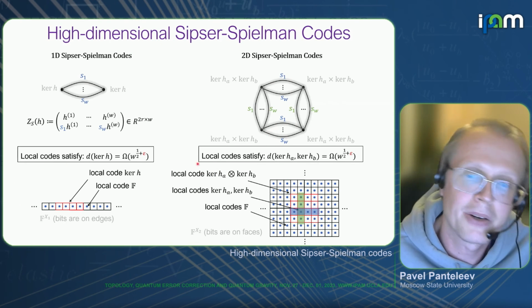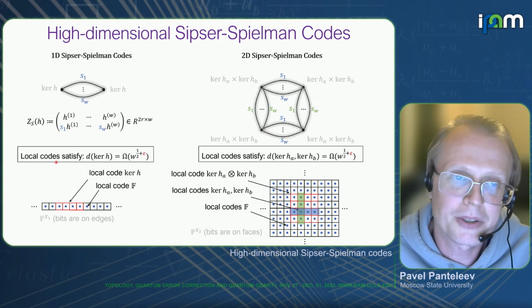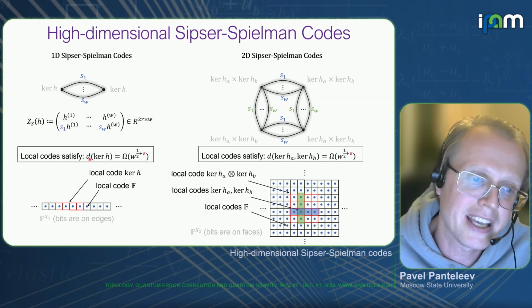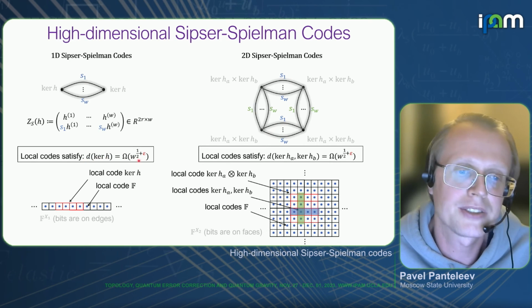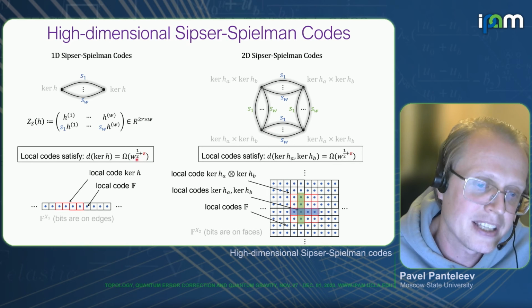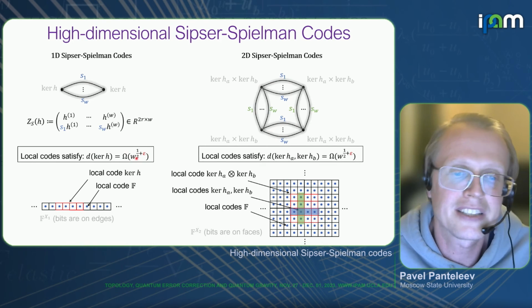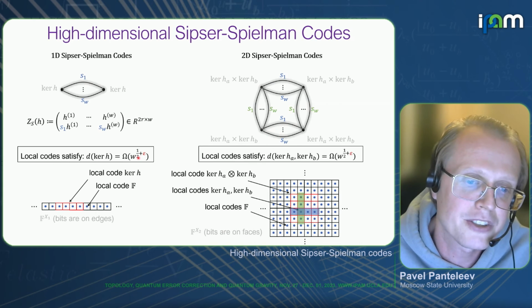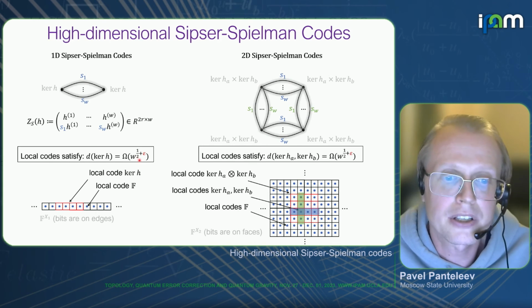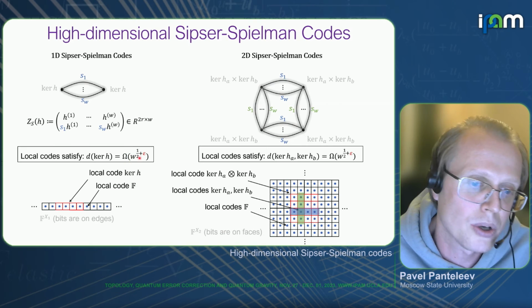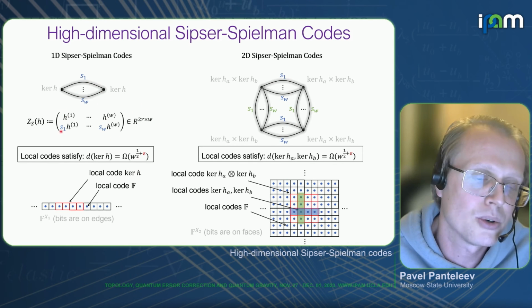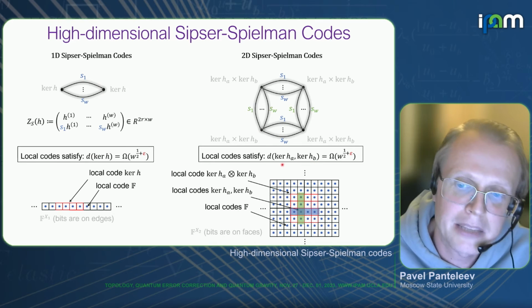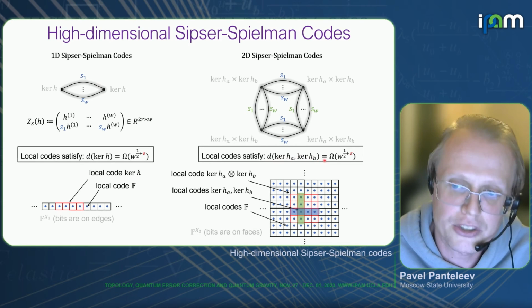Sorry, and what is the difference between the two types of Sipser-Spielman codes? In one case, we require that the local codes satisfy this constraint. Yes, they should have sufficiently good growth of the minimum distance. And if this condition is satisfied, then it is possible to show that this classical code is good. And the same can be said about this two-dimensional Sipser-Spielman code.